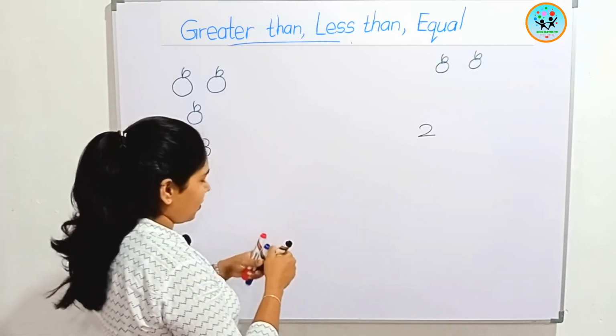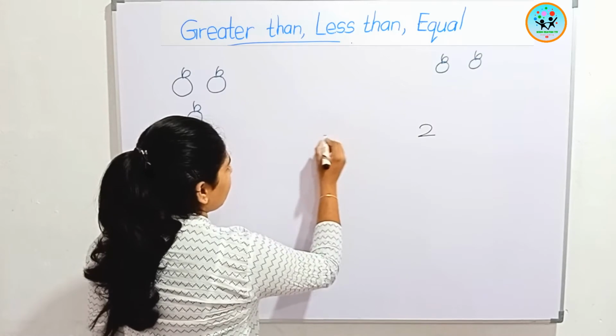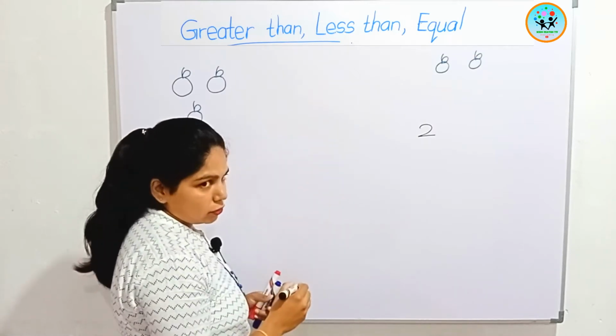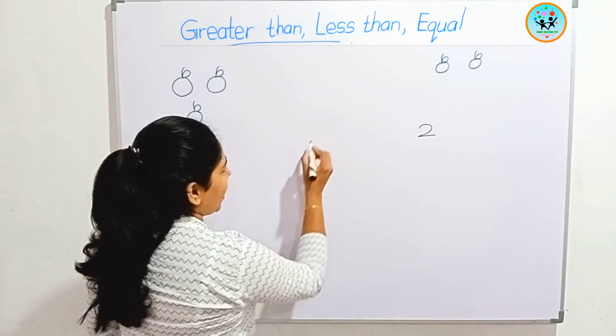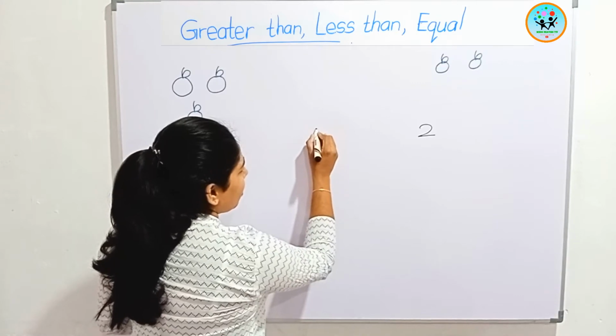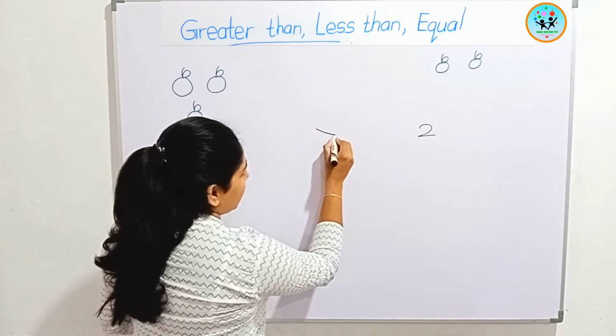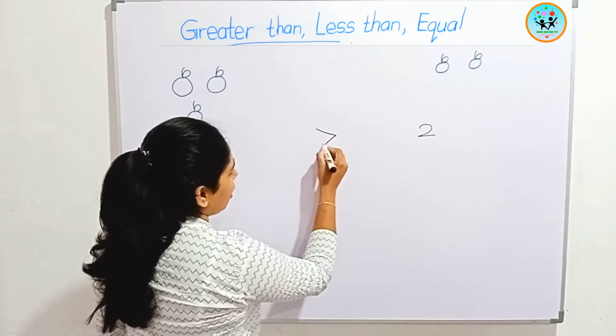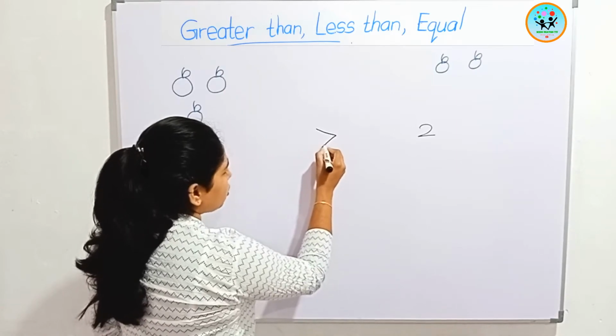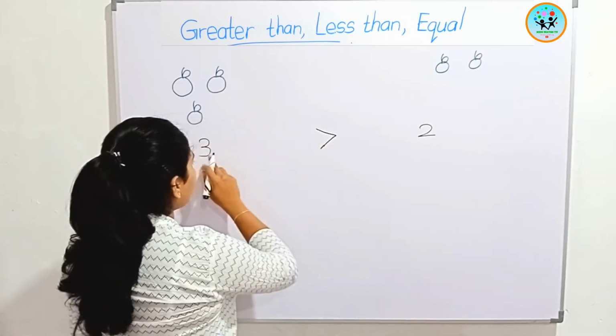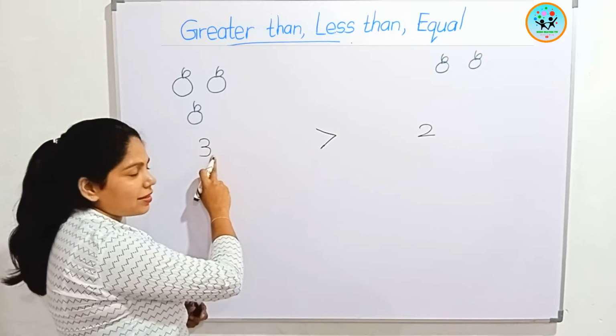How we put the symbol? The closed mouth of the symbol should be placed towards the less number. Then the open mouth should be placed towards greater number. Yes.